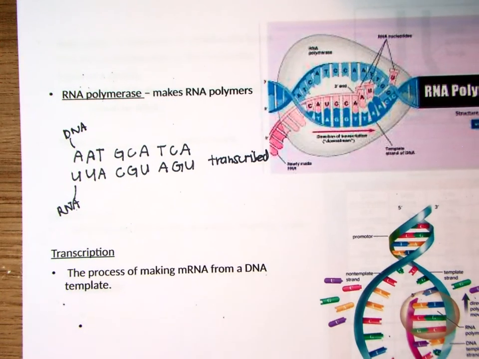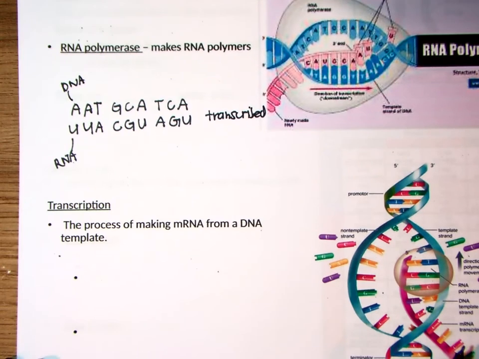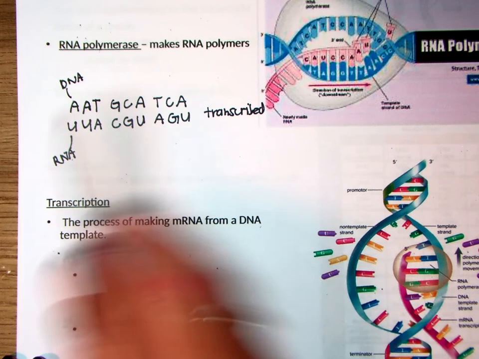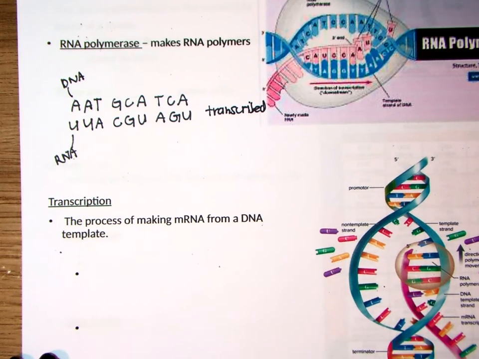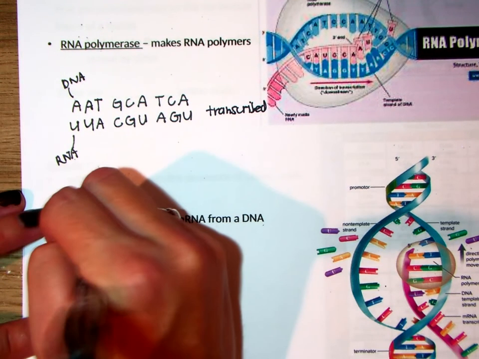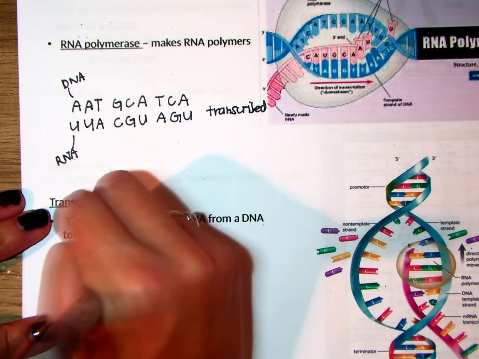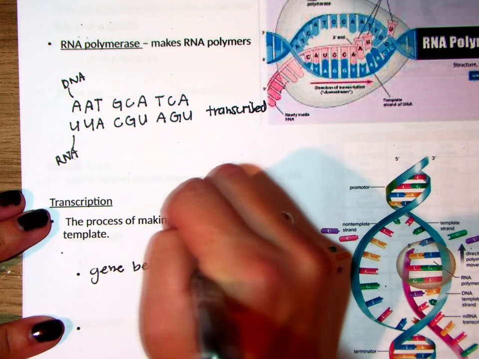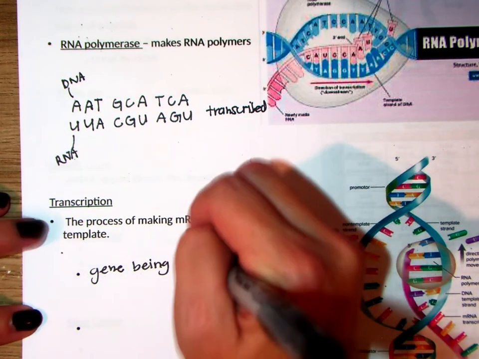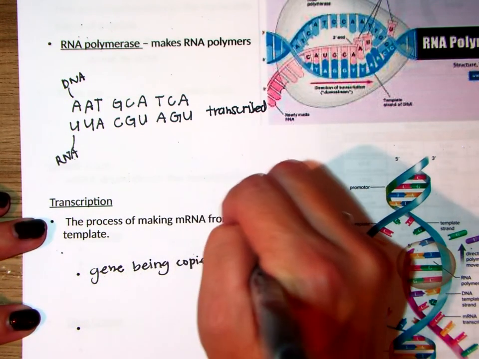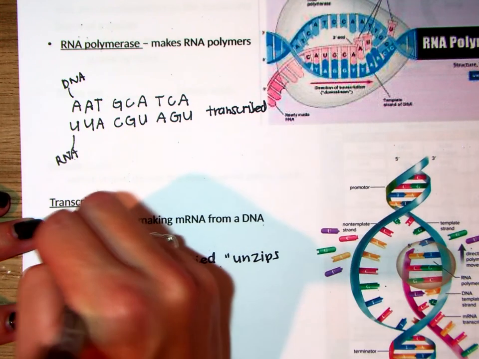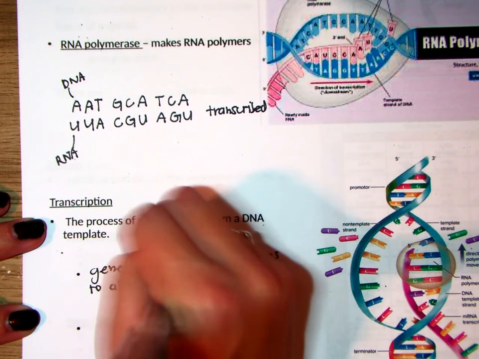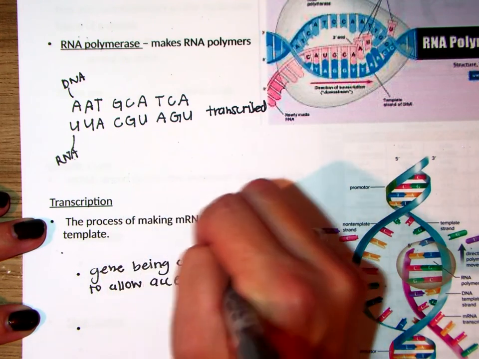So transcription, let's get into this. The process of making mRNA, or messenger RNA, from a DNA template. That's kind of what I just showed up here. So the gene being copied unzips to allow access to DNA.